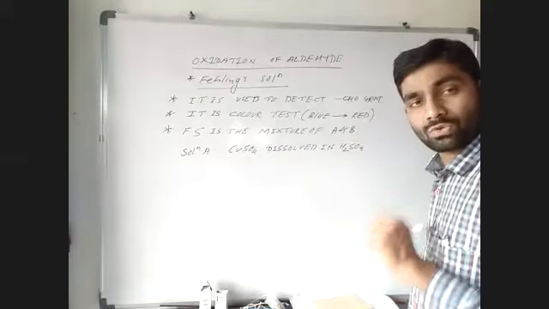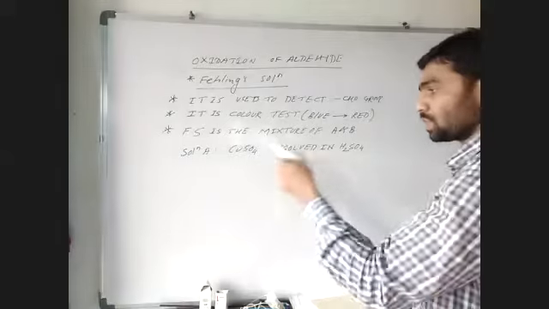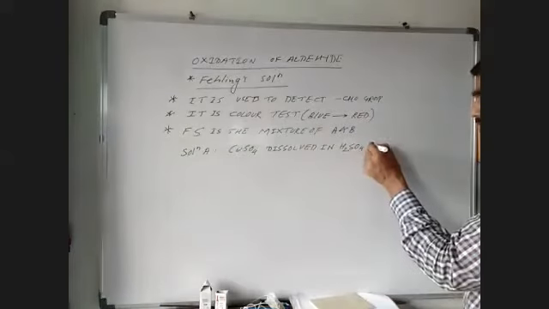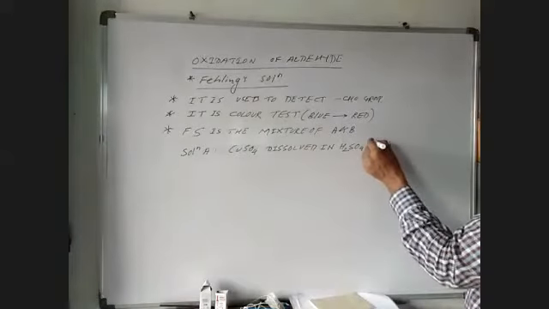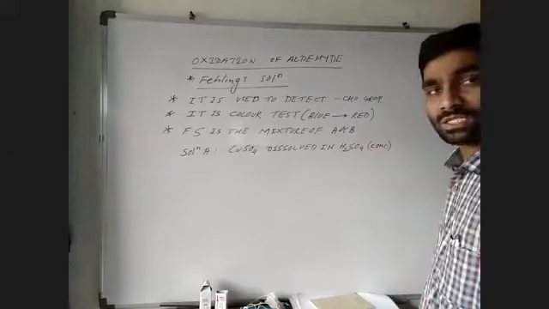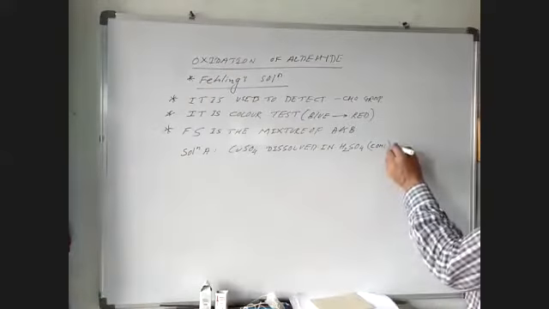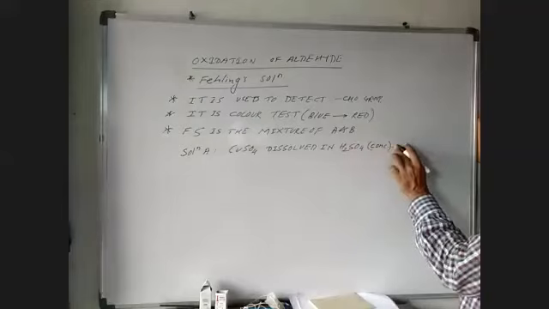This is solution A. When you dissolve copper sulfate in H2SO4, that should be concentrated. That is the solution A.